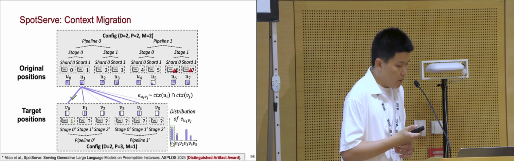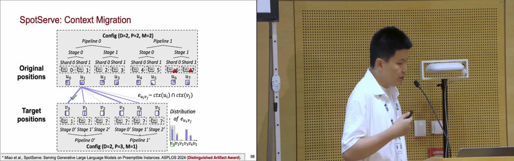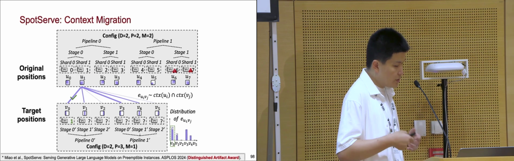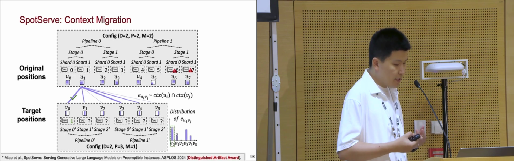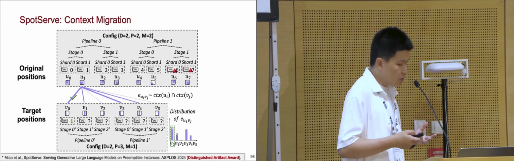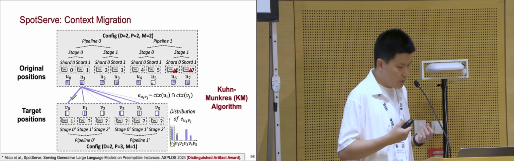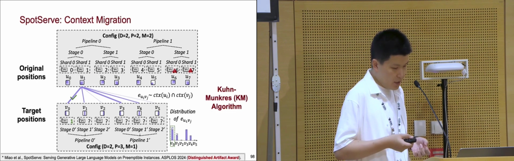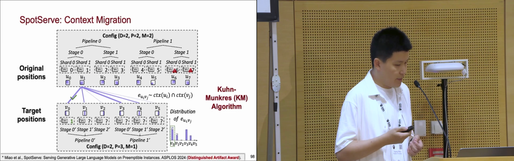We may not want the reparallelization to happen after the preemption, because restarting the whole cluster can be time consuming, as we mentioned before. So we would like to opportunistically reuse some of the existing GPU memory contexts rather than just destroying them.